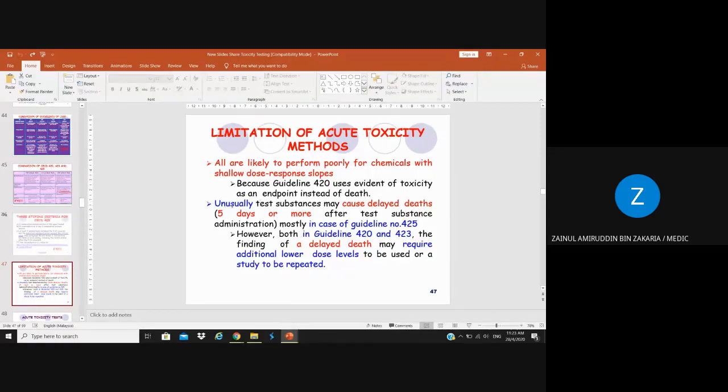And sometimes you will see delayed death. Unusually, the test substance may cause delayed death, meaning you give the animal the substance today and observe the endpoint after some hours, but you can see death after 5 days or more.